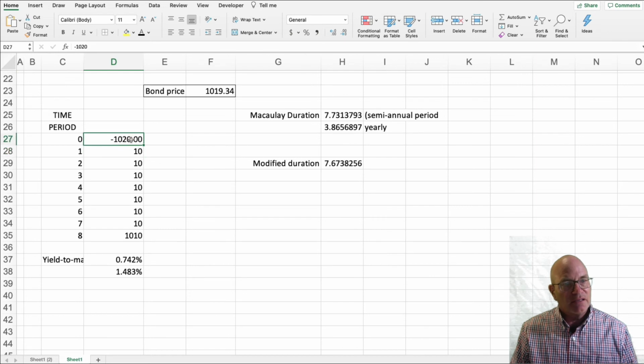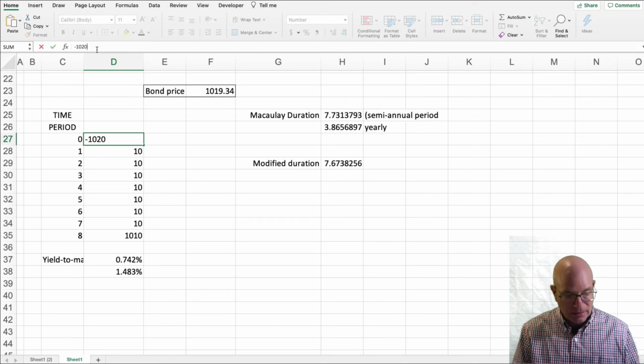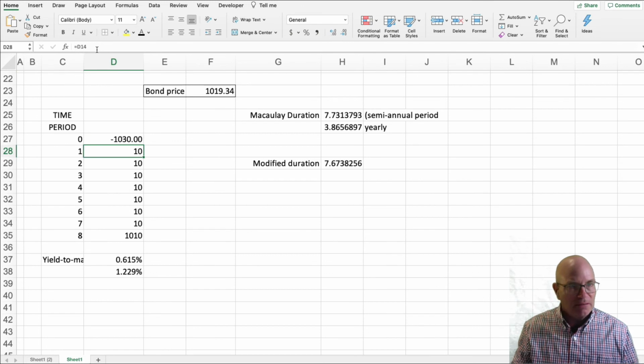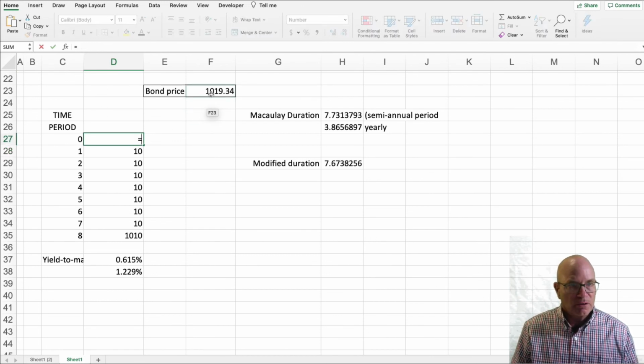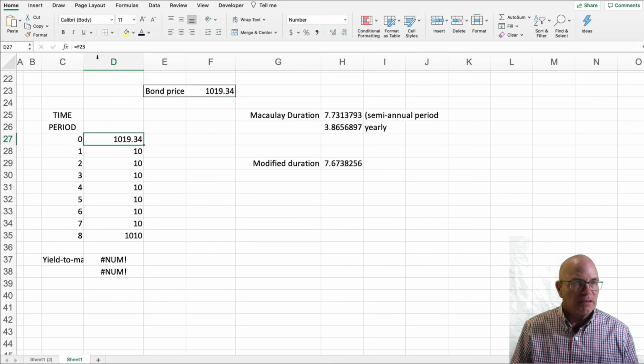If we paid 1020 for this, we would have a 1.483 yield to maturity. If we paid 1030, that yield to maturity is going to go down to 1.229. So as you can see, there is a relationship. Let me put that back to what it was.